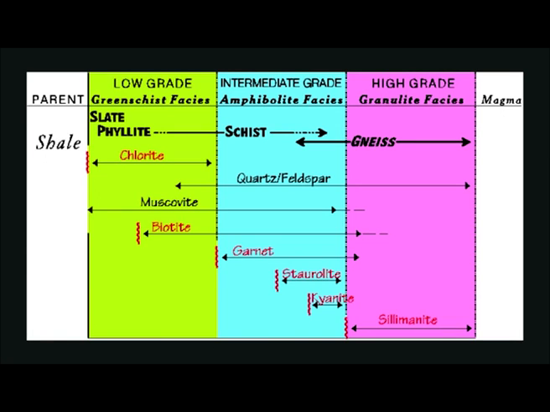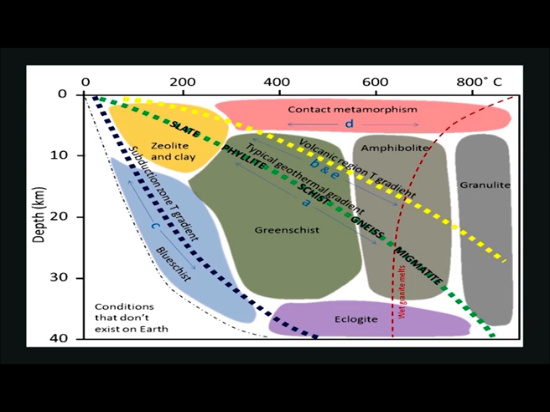The Barrovian sequence, chlorite, biotite, garnet, staurolite, kyanite, sillimanite, that is greenschist, epidote amphibolite, amphibolite and granulite facies, is one such facies series.